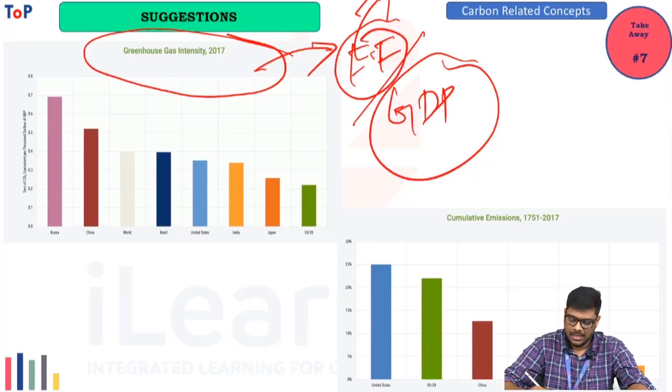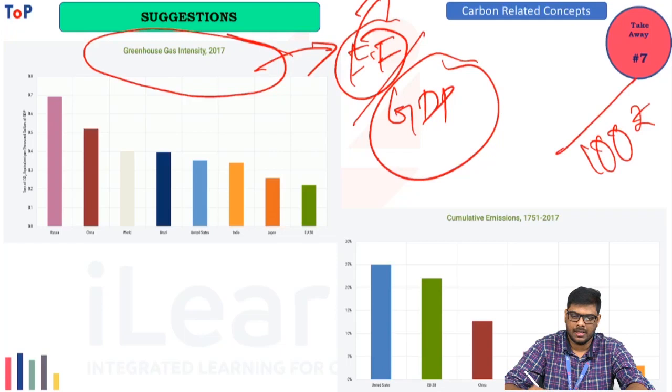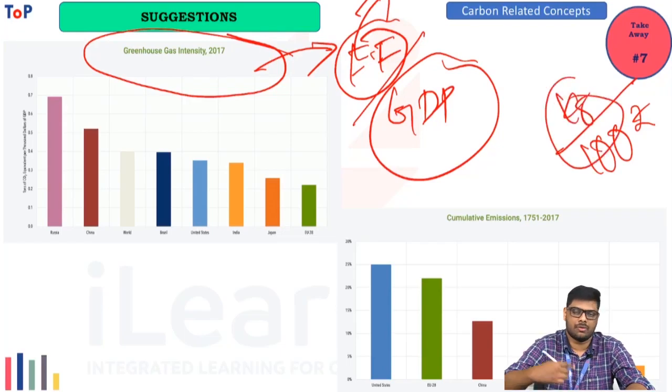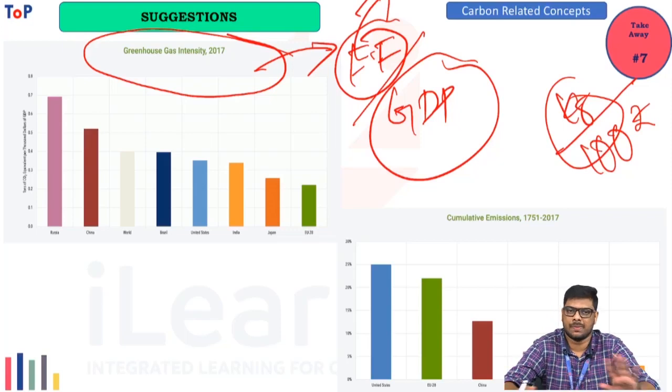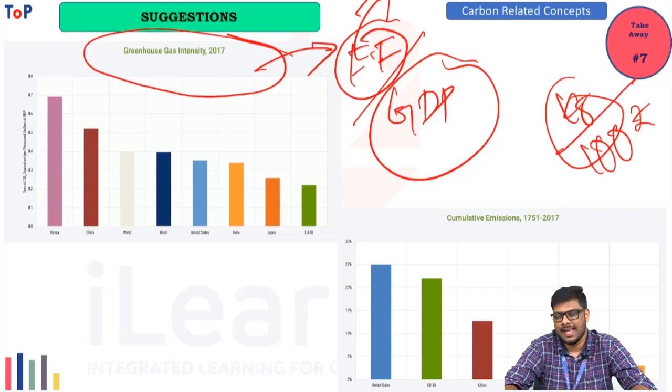Or in other sense, if you create 100 rupees in your GDP, how much kilogram of greenhouse gas will be produced? So this is greenhouse gas intensity, which explains with respect to your economy how green your economy is.